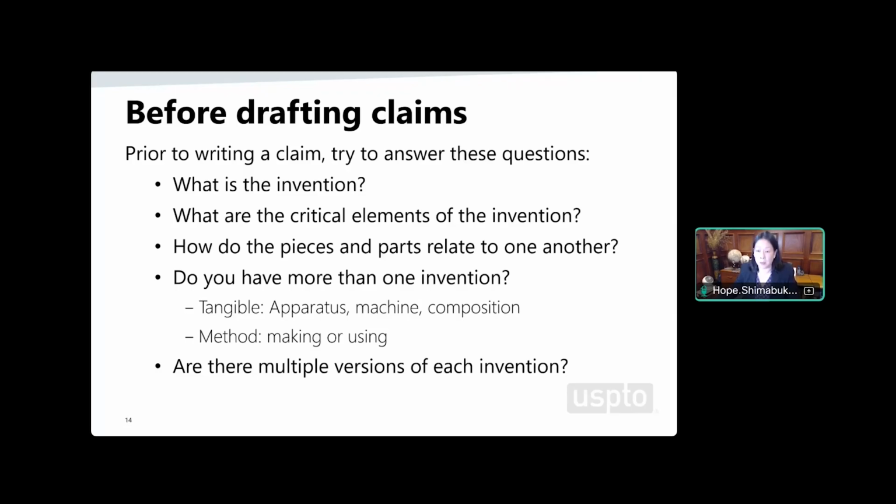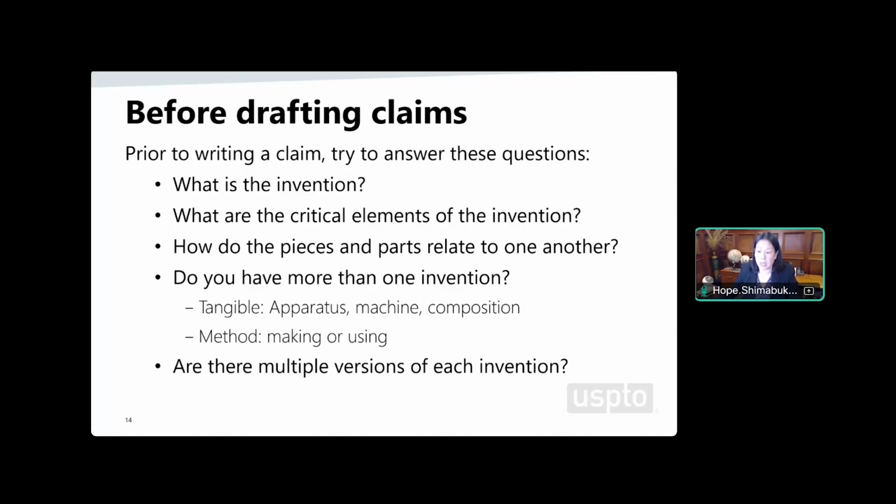This is the legal documentation of your invention. It's the legal description. There are several different statutory categories of an invention, like if it is an actual device, a method of using a device, or is it a method to make the device? If your invention involves all 3 of these, there could be more than one invention in that particular application.